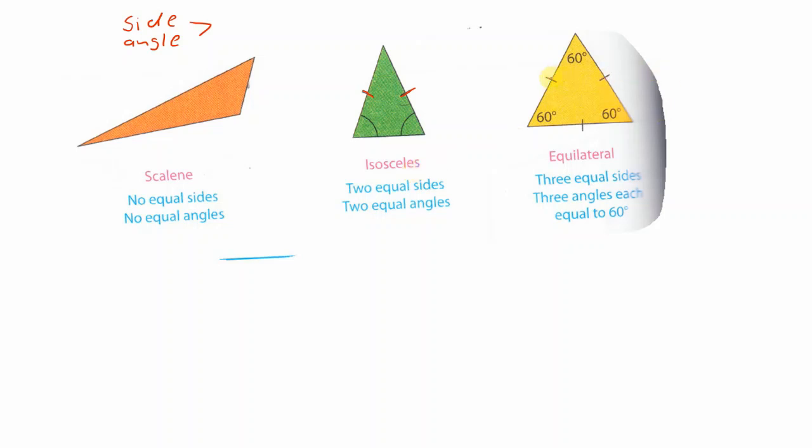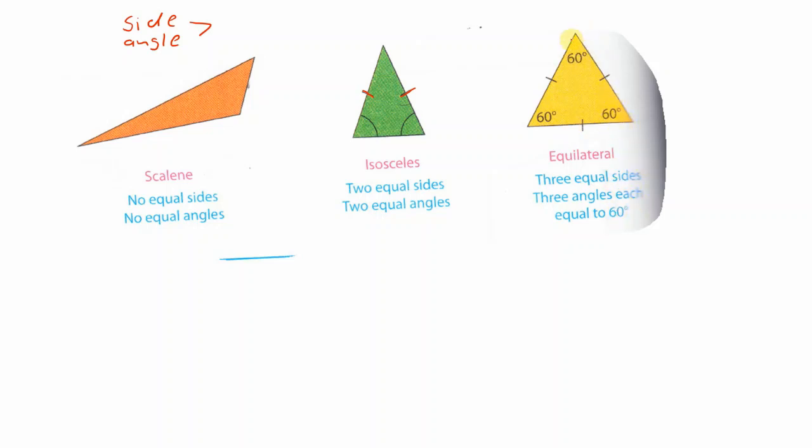Our other scenario is where all three sides are equal, which also means all three angles are equal because of our direct relationship between the lengths of a triangle and the angle sizes. We refer to this as an equilateral triangle. So for an equilateral triangle, we have three equal sides and three equal angles.